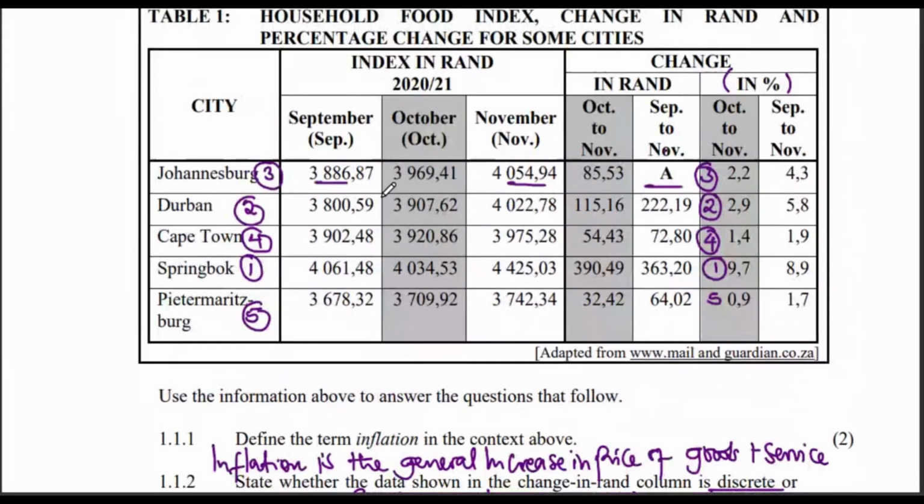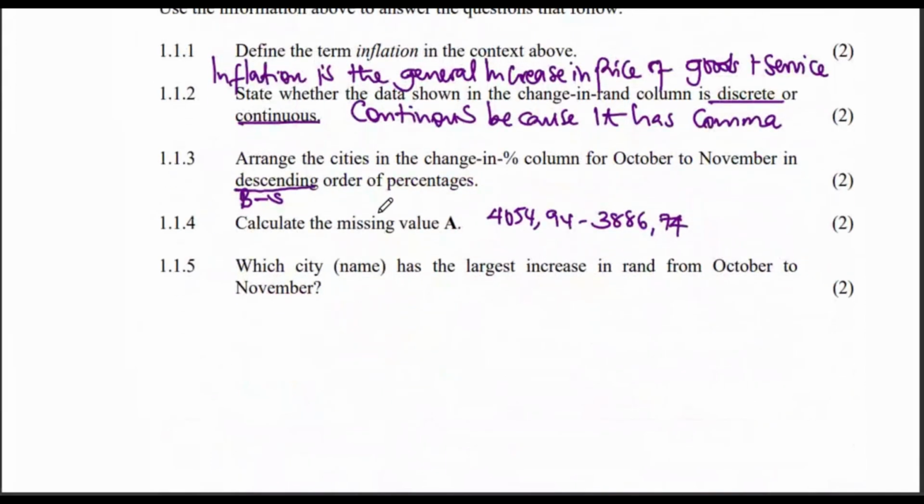What answer do you end up having? 4,054.94 minus 3,886.74. And so we have it as this much.